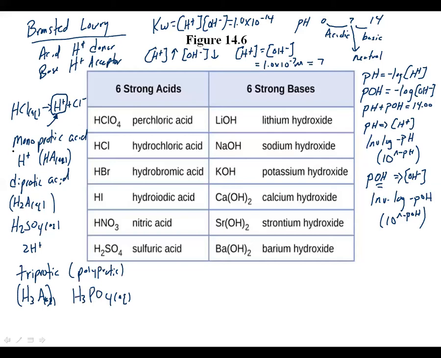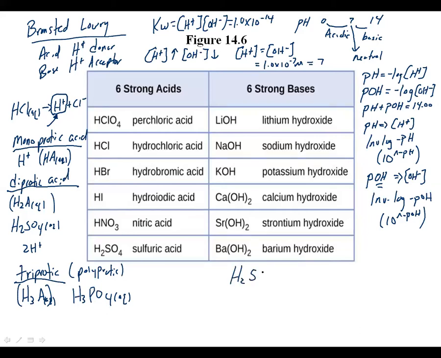So when we have our diprotic or triprotic acid, although they do technically drop off 2 H+, for example for sulfuric acid, it does come off one at a time, which is something we also talked about last time.